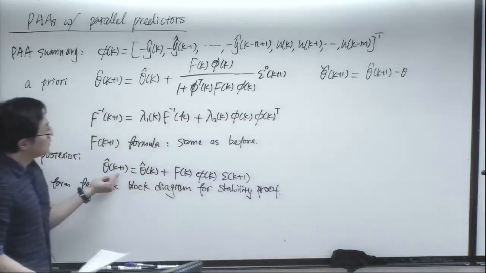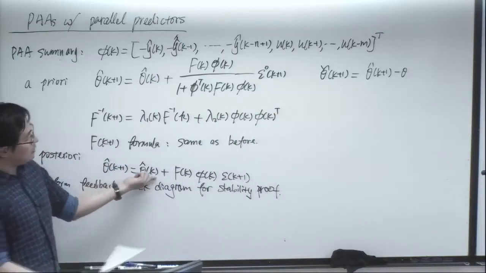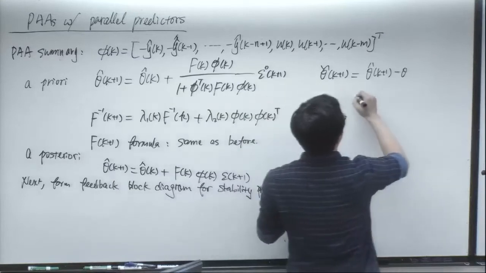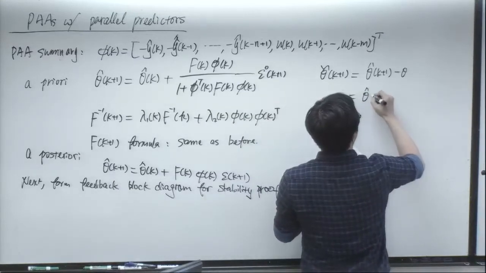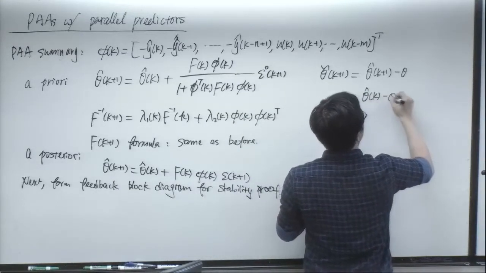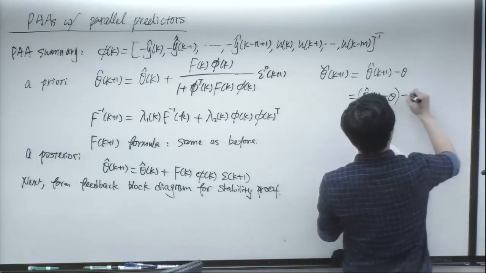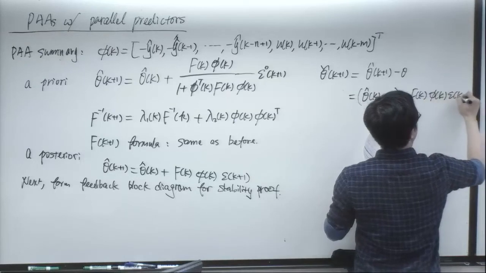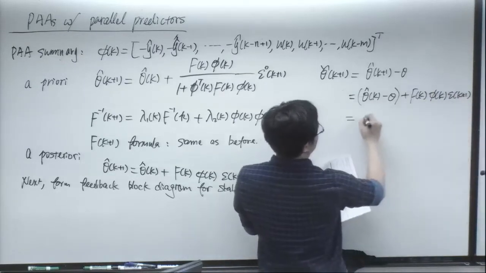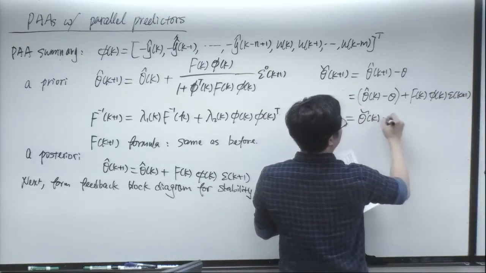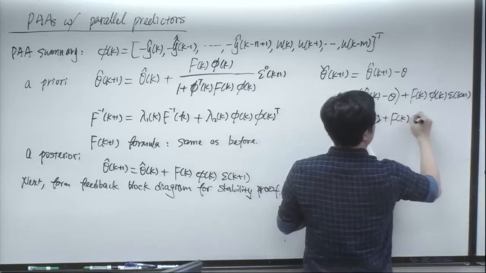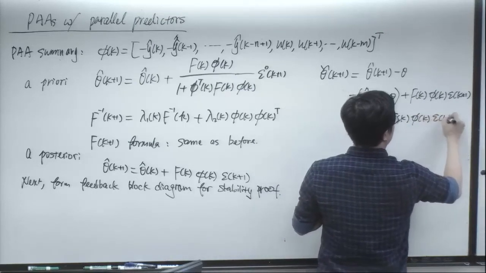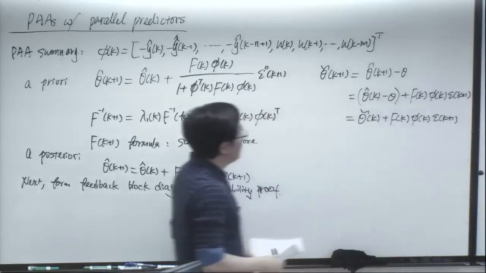And if we plug in all these, we will see that it's the same formula. So it is theta tilde k plus F k phi k epsilon k. So that's easy.